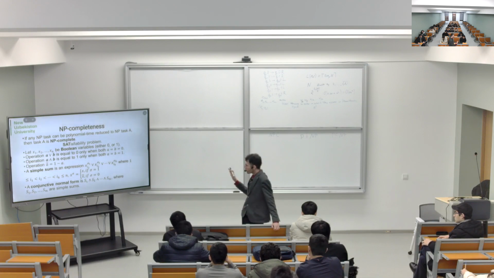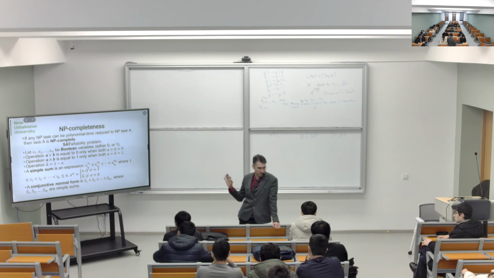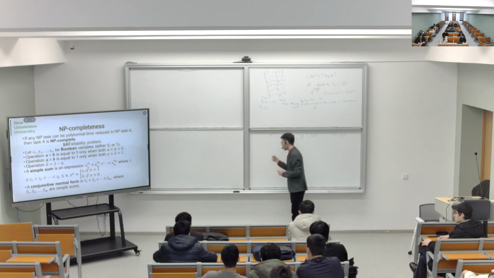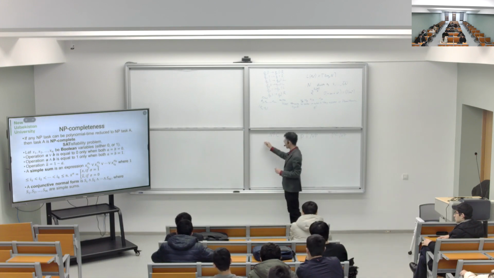Okay, so let's talk about Boolean algebra. We have several operations in Boolean algebra. So we have disjunction.